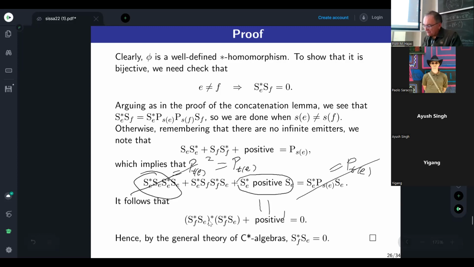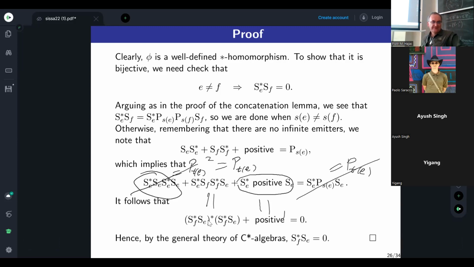Now I'm just rewriting what SF star SE is: this is SE star SF. So this is just rewriting this term, plus something positive is equal to 0. Now remember the lemma: if the sum of positive elements is 0, then each summand is 0. So I can claim that this left summand is 0. But this just means that SF star SE is 0, and that's what we were supposed to prove.